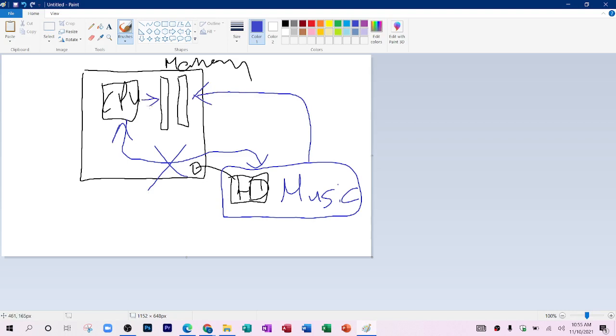Look, I see the music file inside of memory, so I'm going to process it and see what it is. It's a music file, play the music file. And when you finish, it clears it out of memory, and that's basically how your computer functions and how it uses memory.